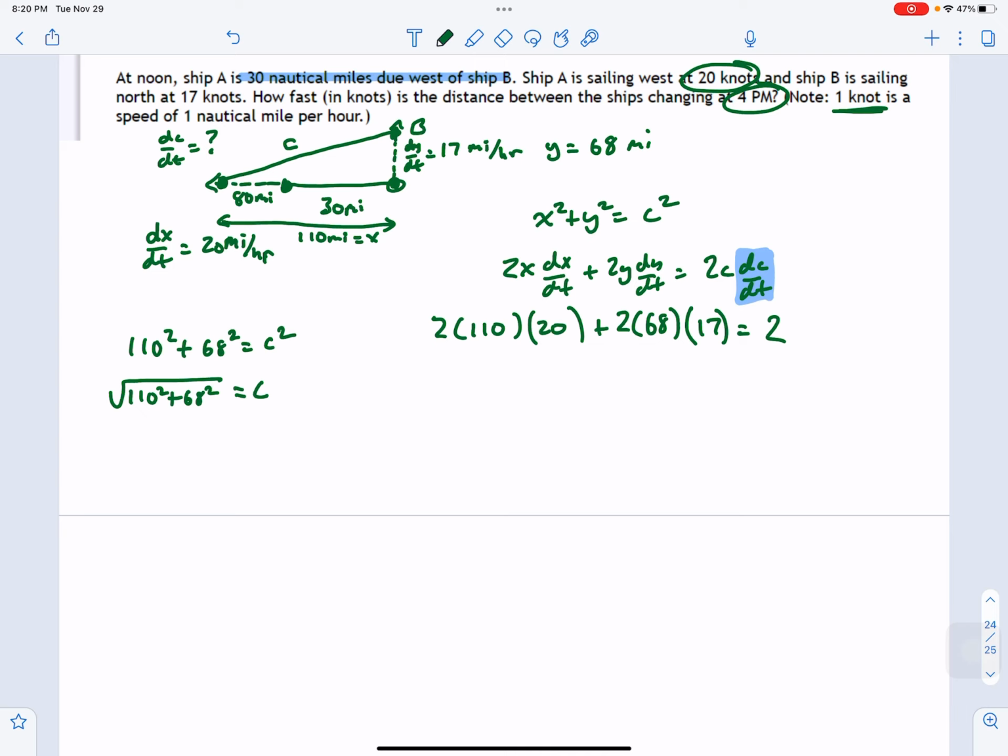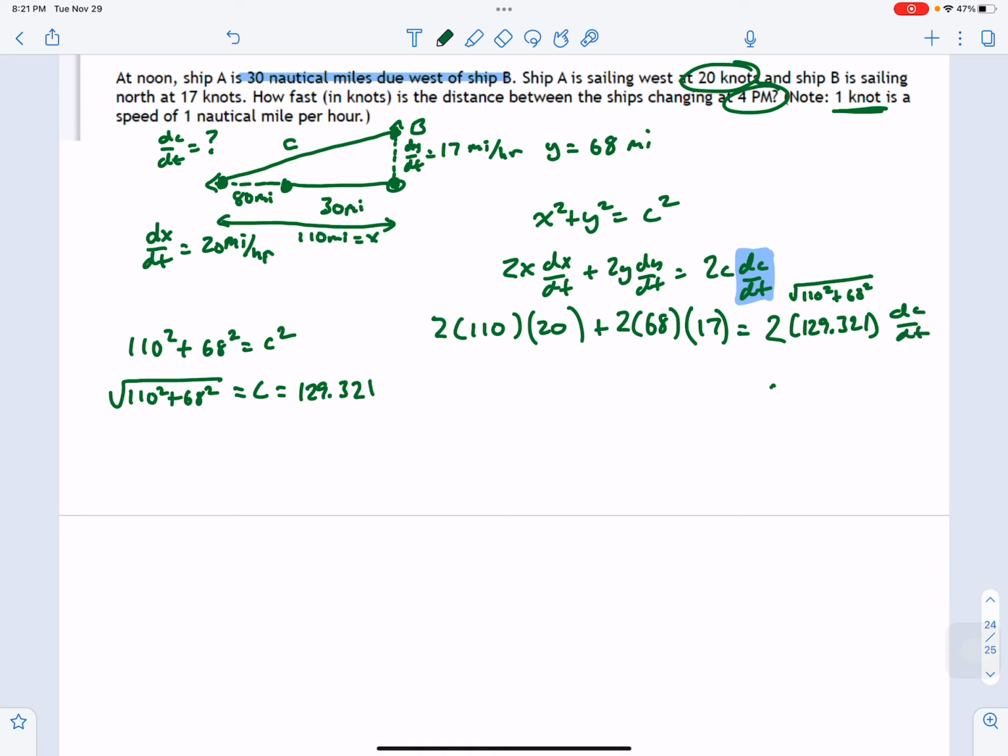I'm getting an approximate value of 129.321. Okay, so that's actually our c value, 129.321. If you want to make this a little more accurate, you can leave it as the square root of 110 squared plus 68 squared. I think that would be a little bit safer, especially when using an online math tool. And we want to fill in our dc over dt.